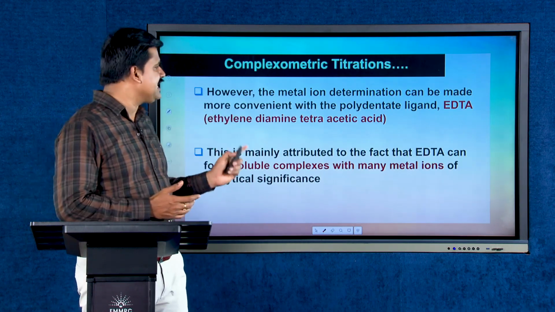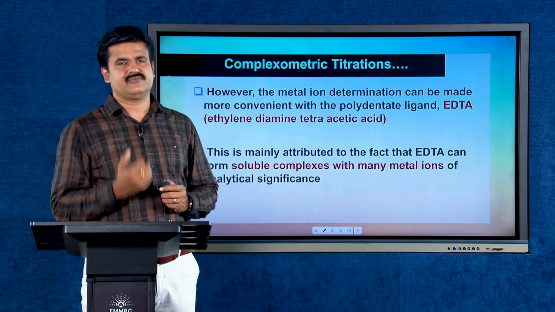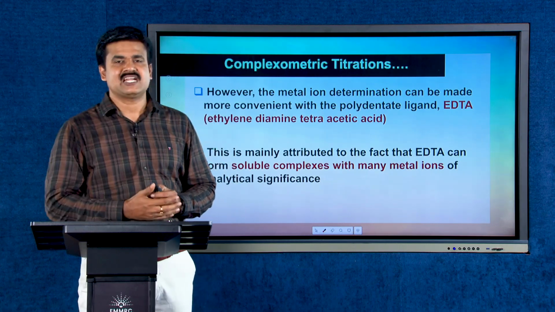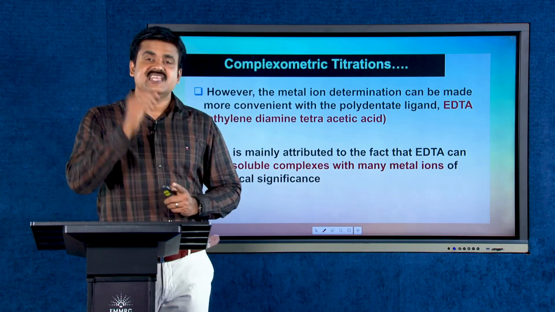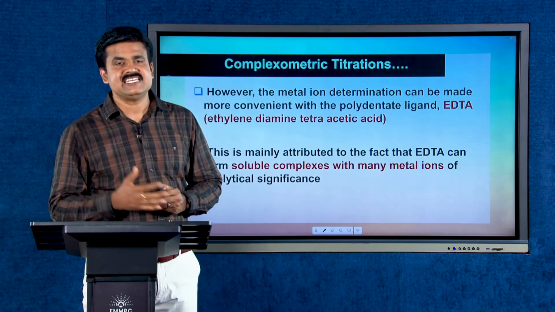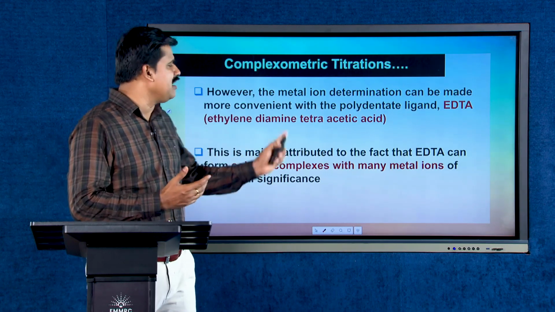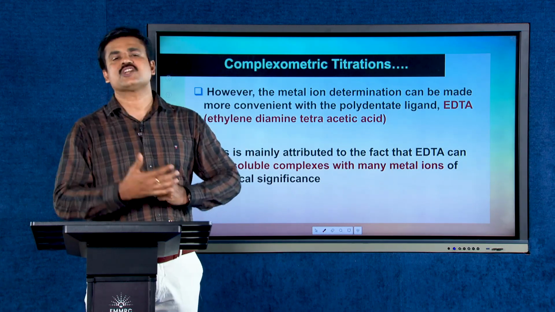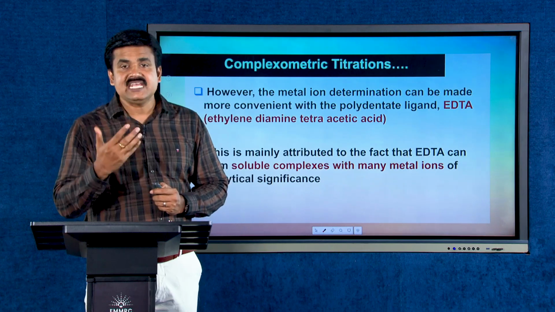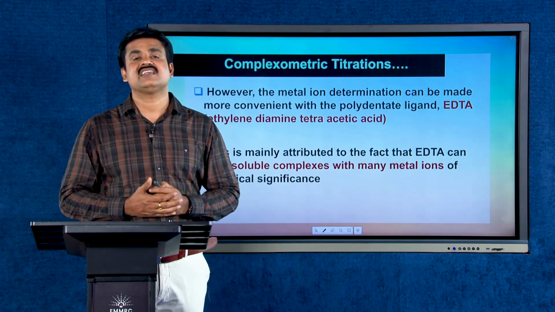The significance of EDTA is mainly attributed to the fact that ethylene diamine tetraacetic acid can form soluble coordination complexes with many metal ions of analytical significance.